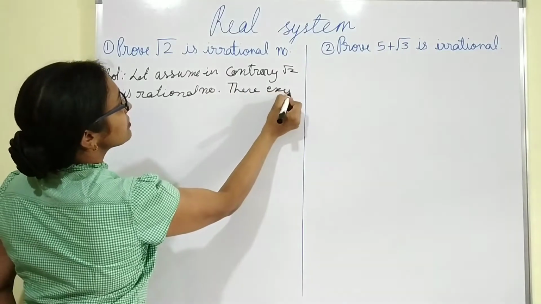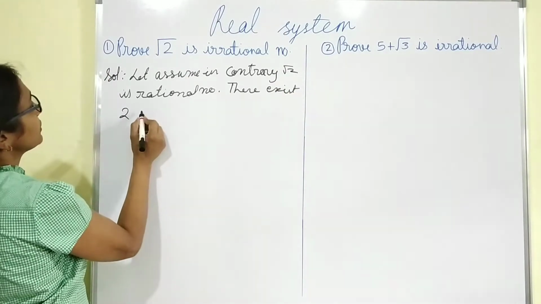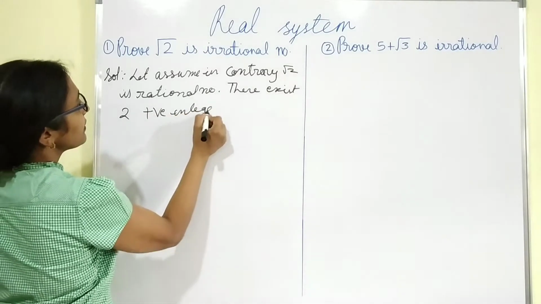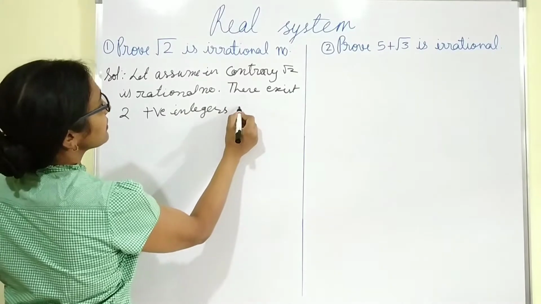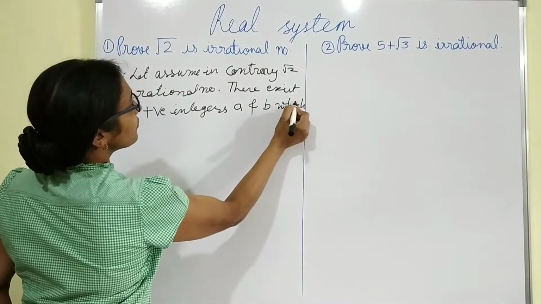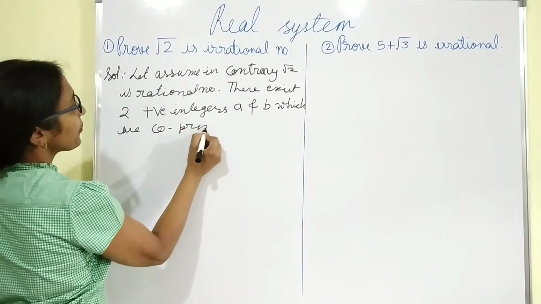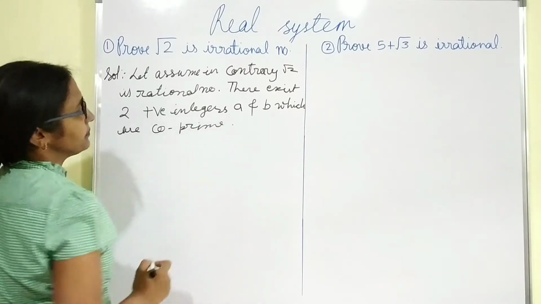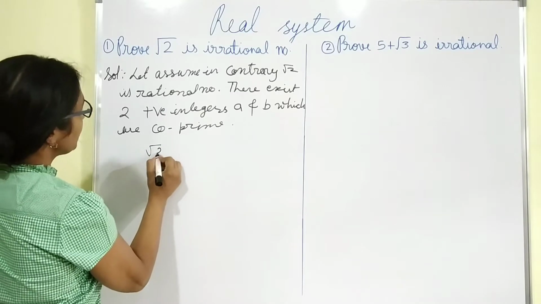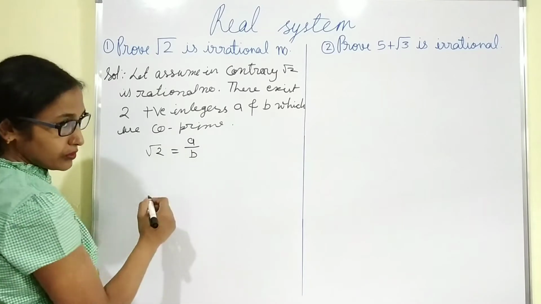There exist two positive integers a and b, which are co-prime. Okay. So root 2 equals a upon b, squaring both sides.